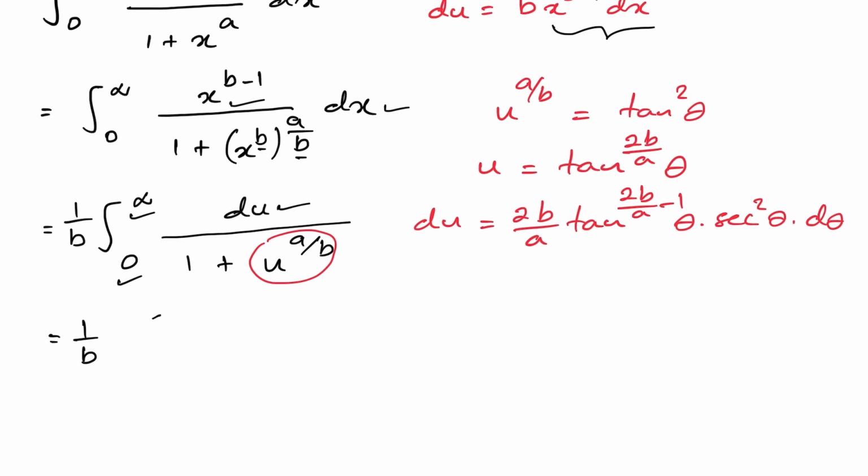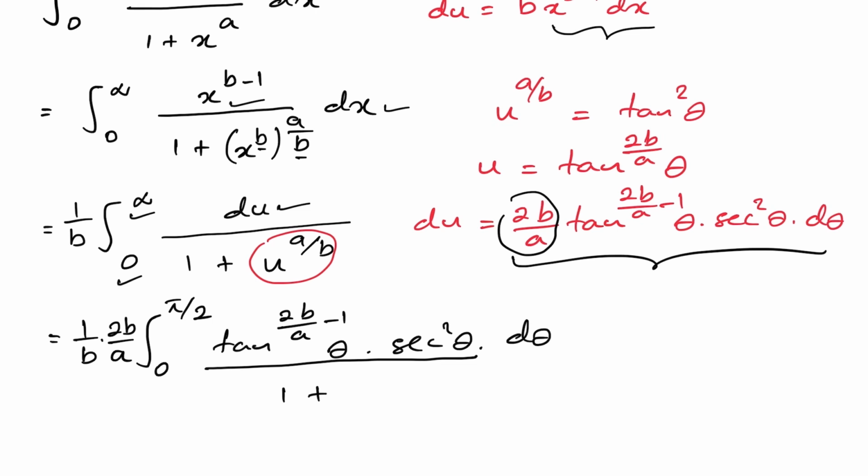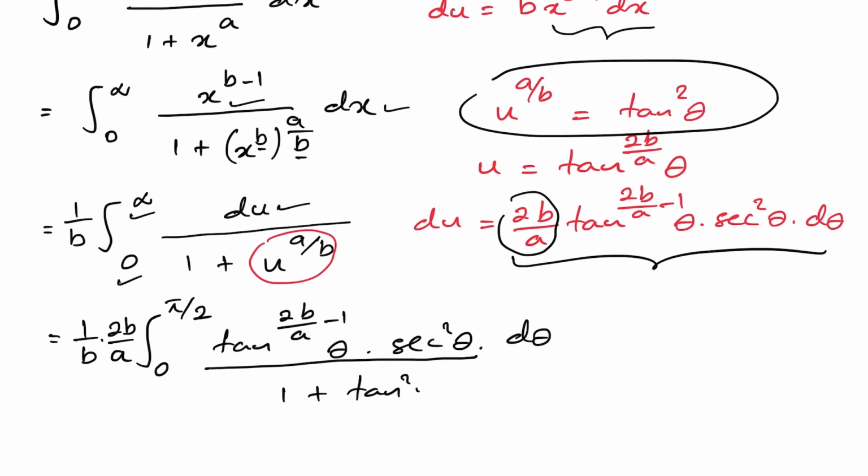So the integral is from 0 to pi over 2; 2b over a is a constant, so it goes outside of the integral sign, and we have tan raised to the 2b over a minus 1 of theta, secant square of theta d theta, over 1 plus tan square of theta. We know 1 plus tan square of theta is equal to secant square of theta, so the secant square of theta gets cancelled.